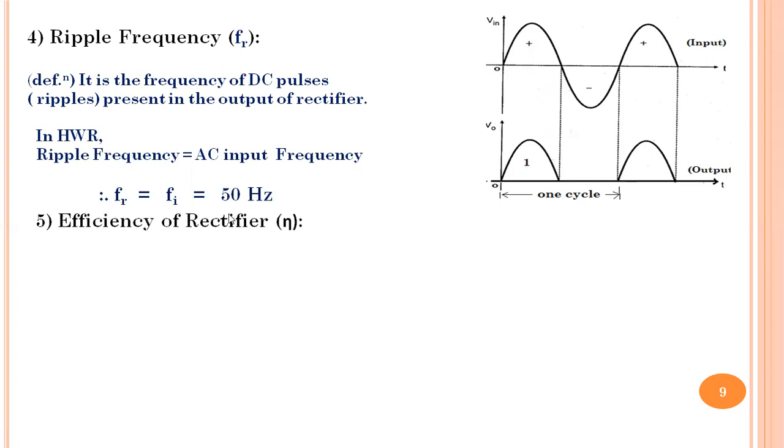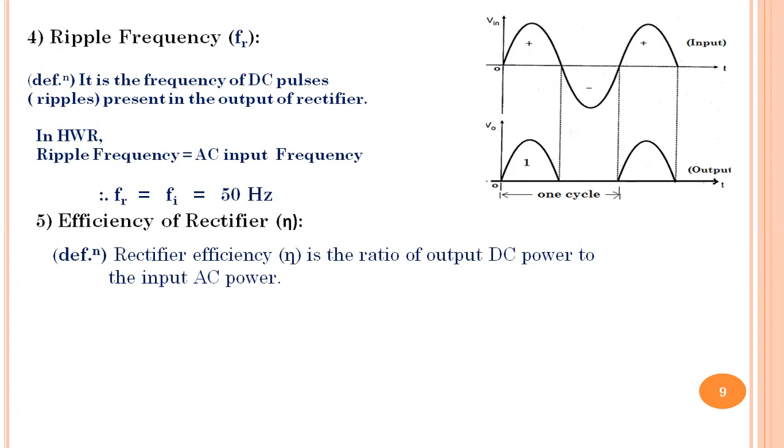Then come to the next one, the efficiency of a rectifier. How effectively the AC input is converted into the DC output is known as rectification efficiency. It is defined as the ratio of output DC power to the applied input AC power, because the rectifier input is AC whereas the output is DC.